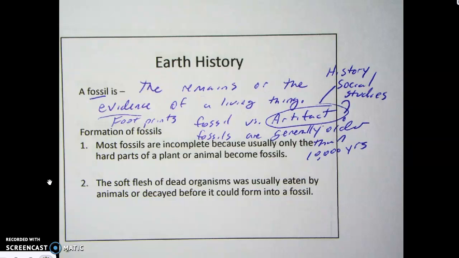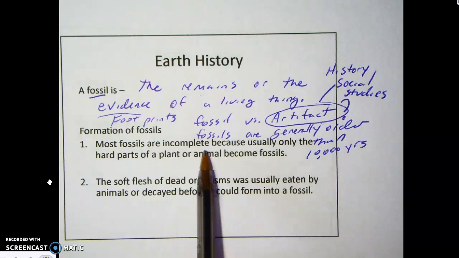But there are exceptions, and there are fossils that have formed in less than 10,000 years, more recent time, and are fossils. So, there is not this cut and dry definition. Humans, we like this sort of cut and dry definition, but that isn't always the case. But generally, we would say the remains of or evidence of a living thing, but old, older than 10,000 years, not something that's usually formed during human civilization times.